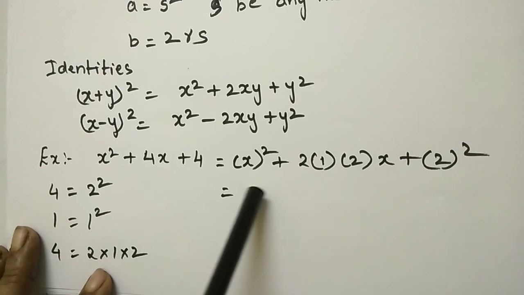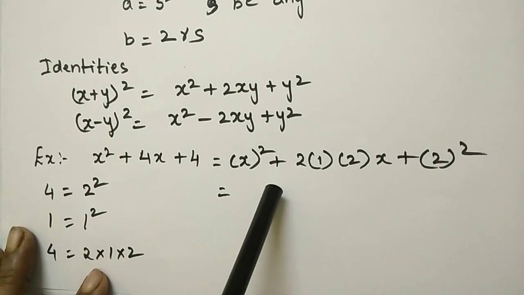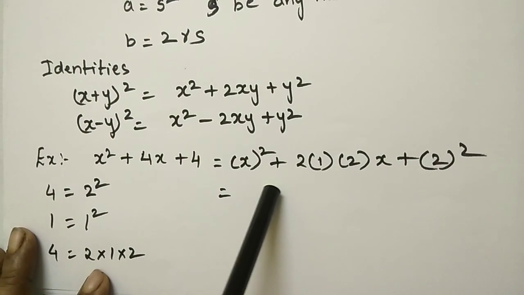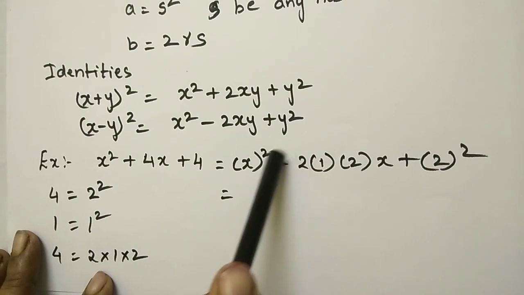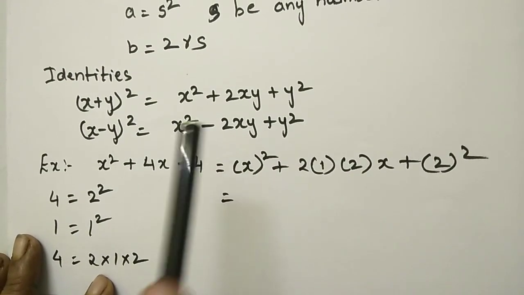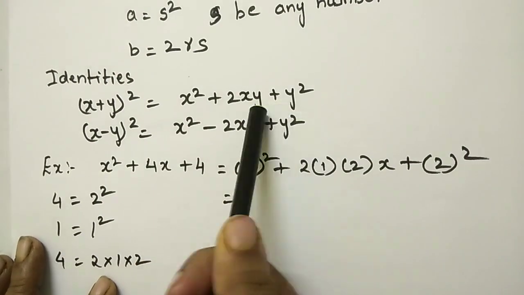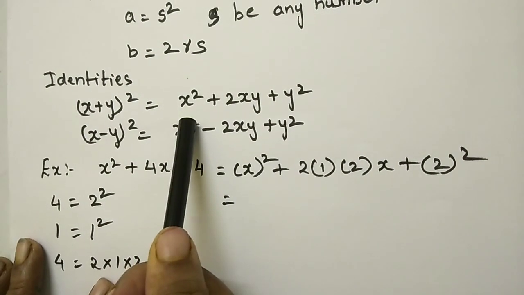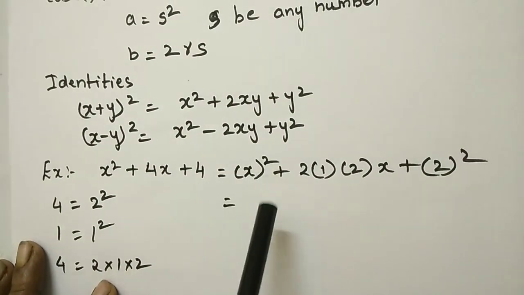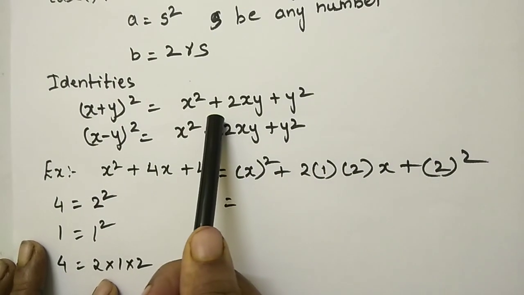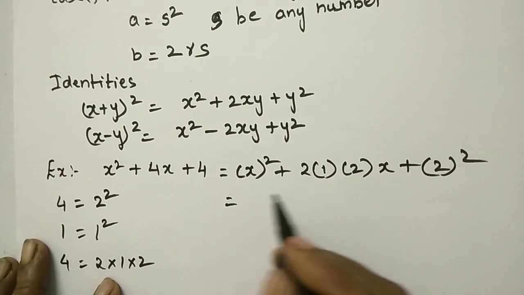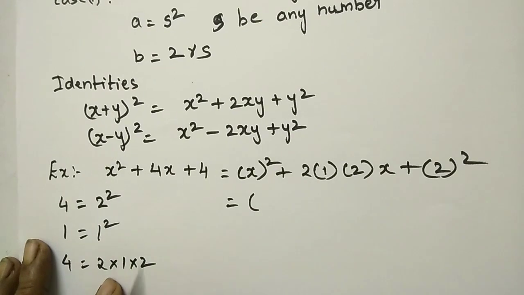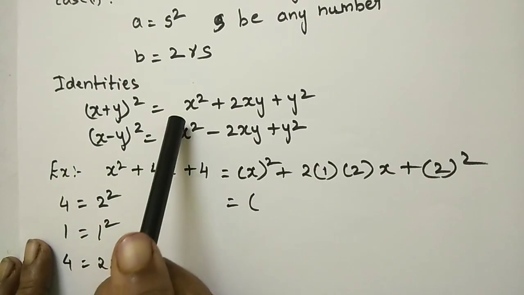If you observe, first you have to look at the sign of the middle term. It is plus sign. So you have to go to identity 1. What is that? x square plus 2xy plus y square. Here it is plus, here it is also plus. So in place of x, what is here?